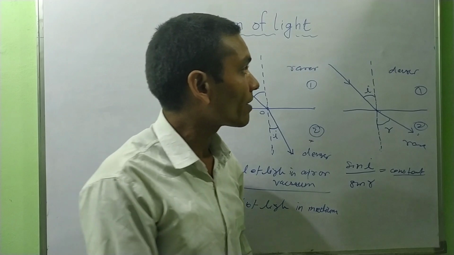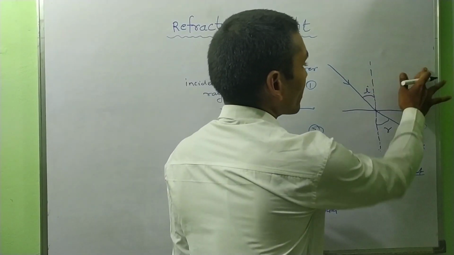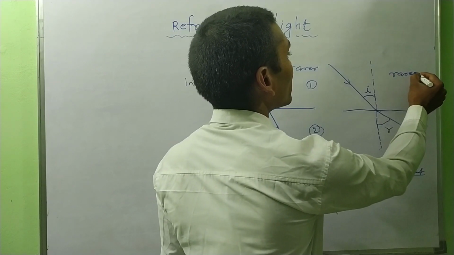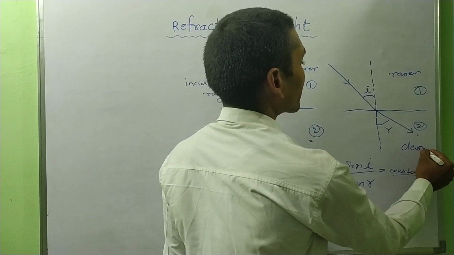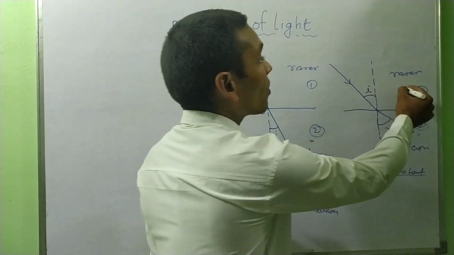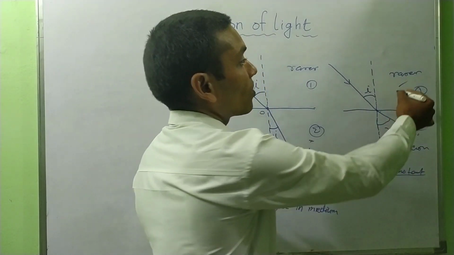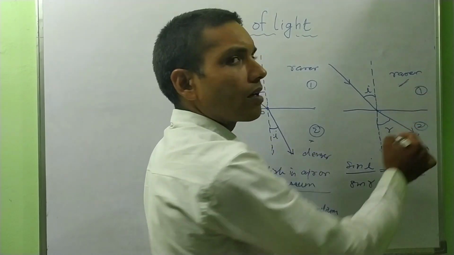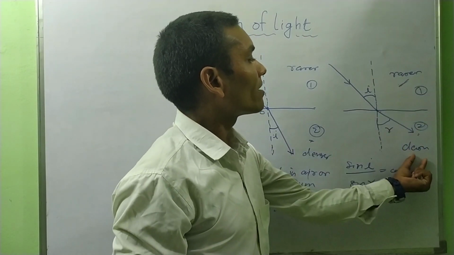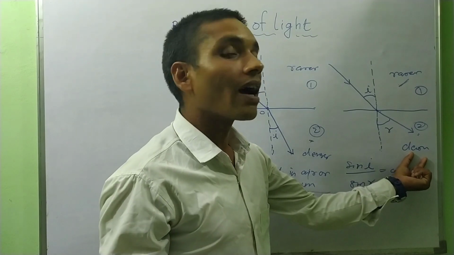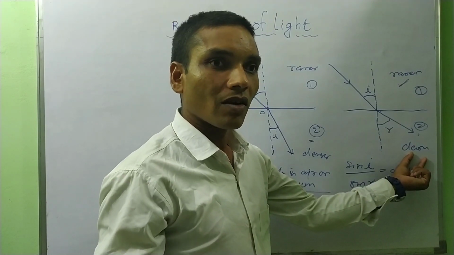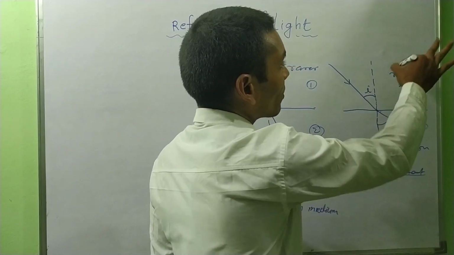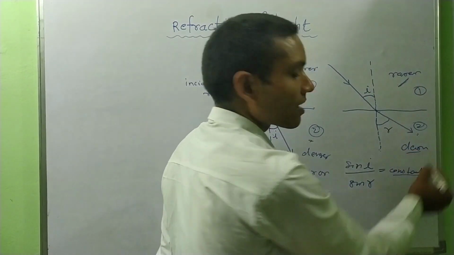Then in this diagram, let this be the rarer medium and this the denser medium, but this is not air or vacuum. This is like water. We can take water, and then glass or kerosene, etc. Here this is the rarer medium but not air, and this is the denser medium.